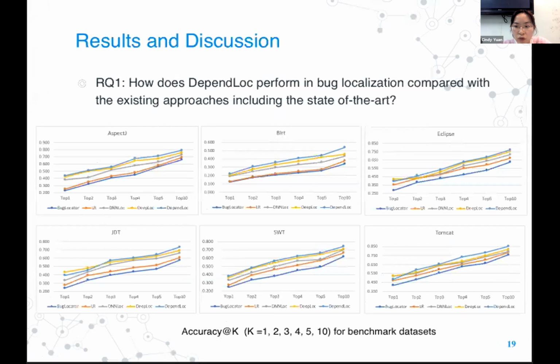This figure shows the result of top K accuracy for 6 projects. In general, DependLoc performs best. The results of DependLoc are shown in these light blue lines. DependLoc outperforms the other methods, especially when K is larger than 2.